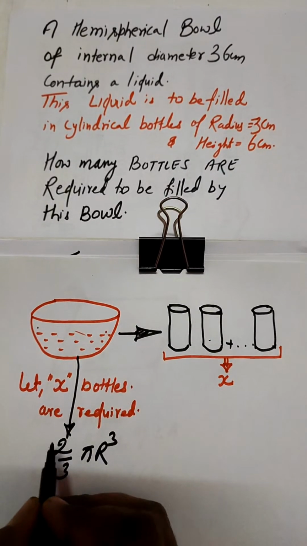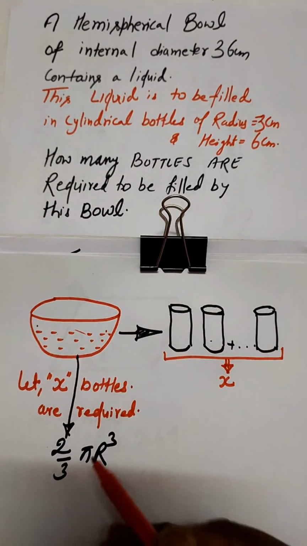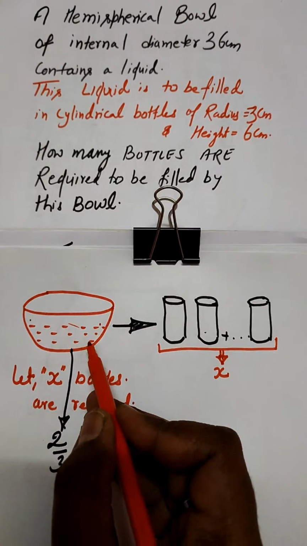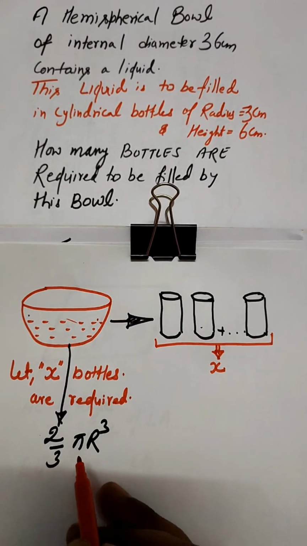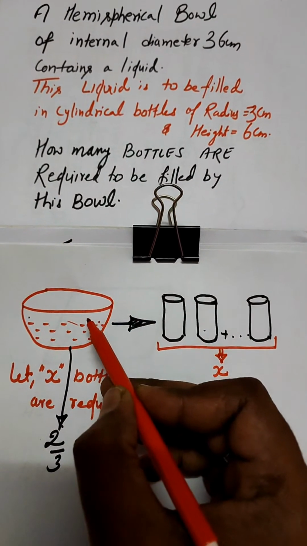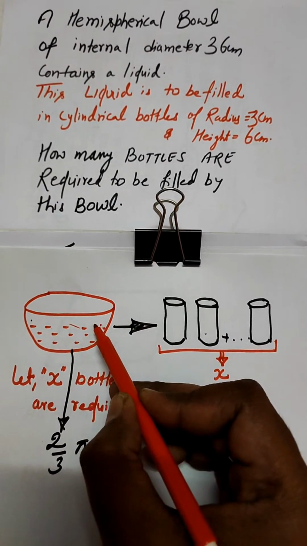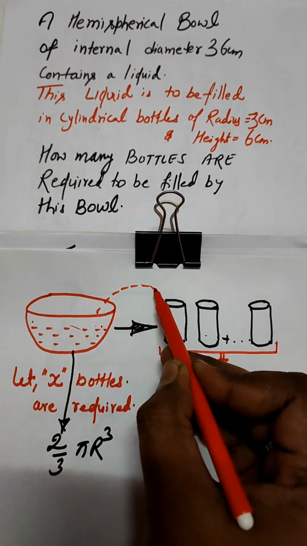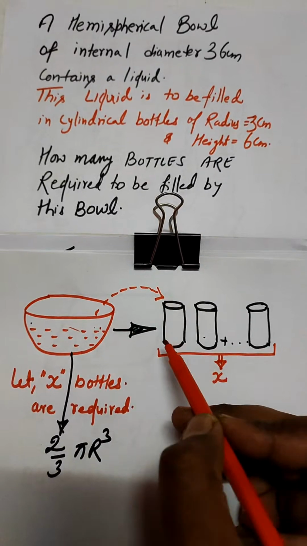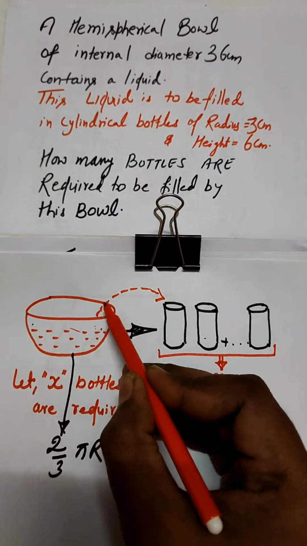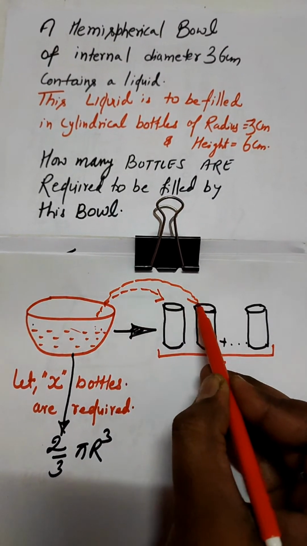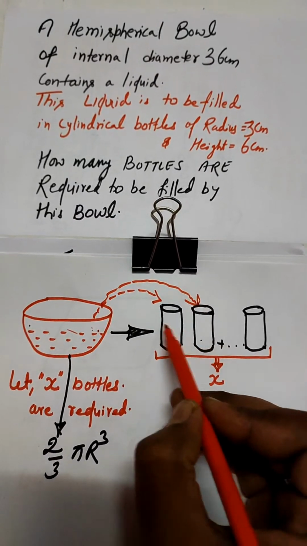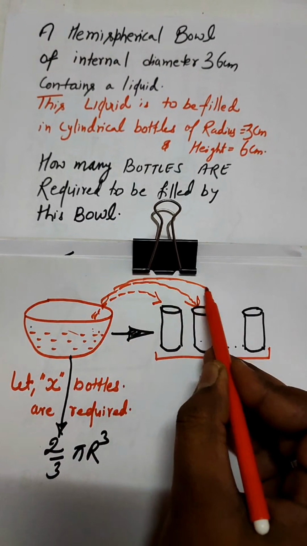This volume is contained in this bowl, and we pour it into this cylinder, the remaining goes to the second cylinder, and the leftover goes into this.